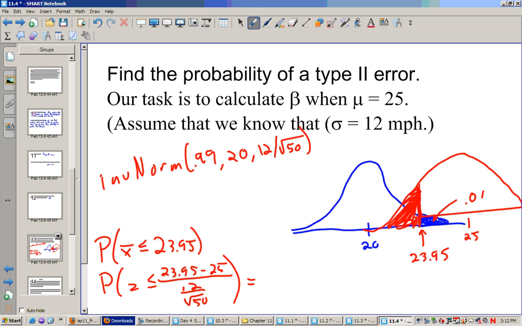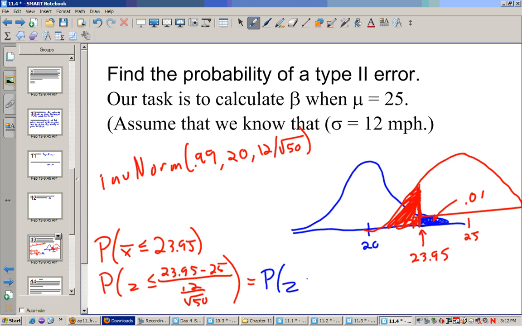And if I took negative 1.05 divided by that, oh, I got the wrong answer. Negative 1.05 divided by 1.697, that looks a little bit better.